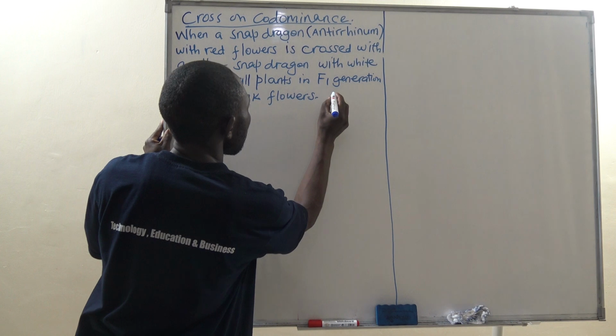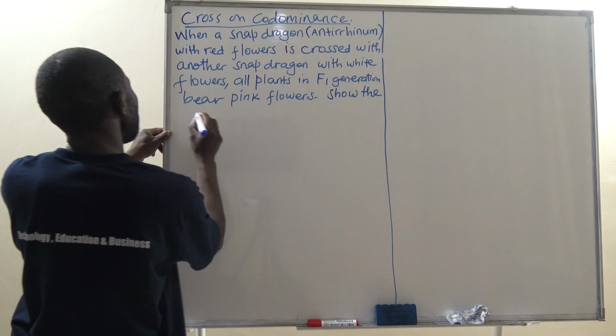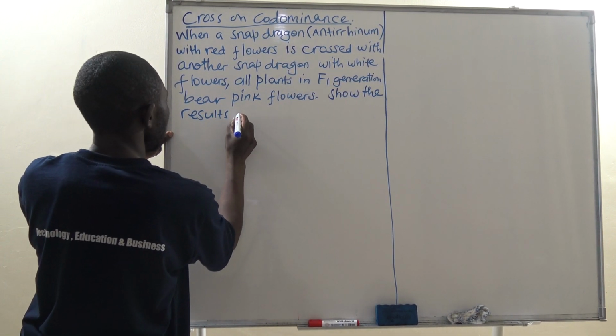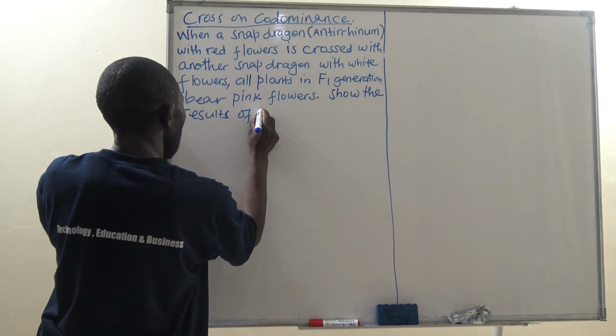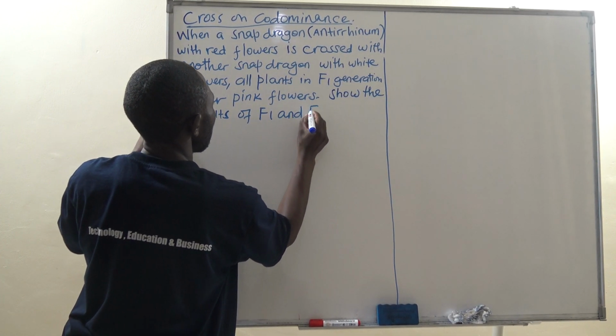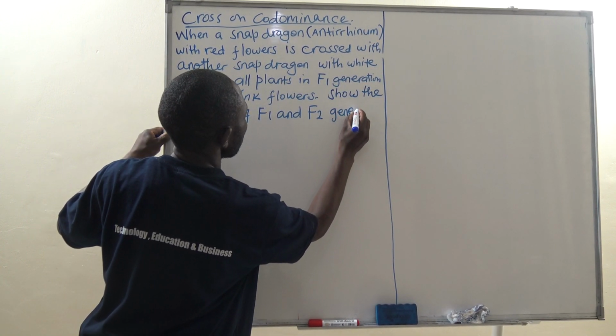Then you say, show the results of F1 and F2 generations.